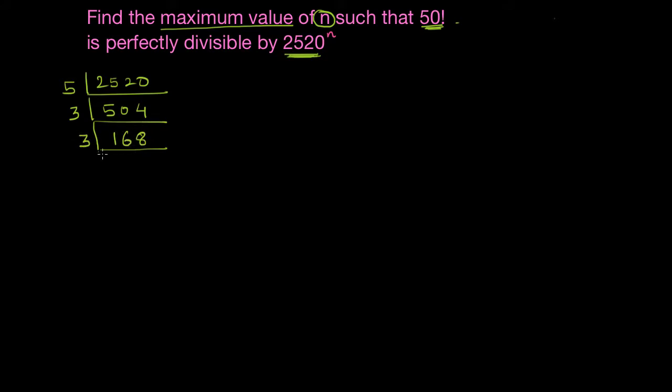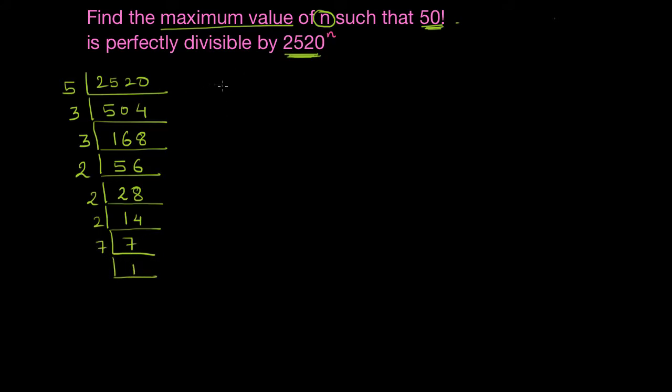I'll again divide this with a 3. 3 5s are 15 and 3 6s are 18. Now let me divide this with a 2. 2 2s are 4 and 2 8s are 16. I'll again divide with a 2. So I'll have a 14. Again with a 2, so that I can have a 7 here, and then finally with a 7 to have a 1 here.